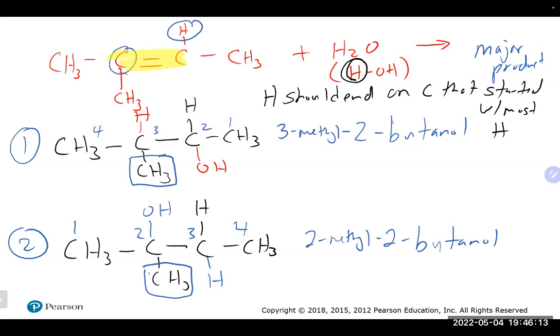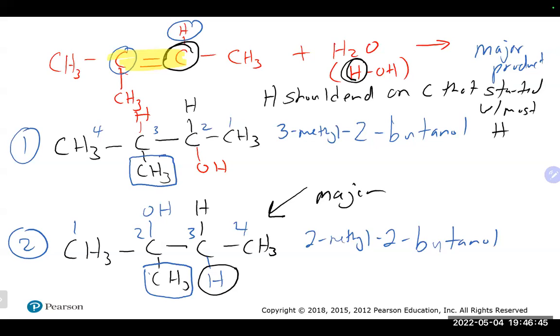So where should the hydrogen end up? Should end up on the carbon on the right. And that means the bottom one would be the major product in this case, as we put the hydrogen on the carbon that had the most to begin with.